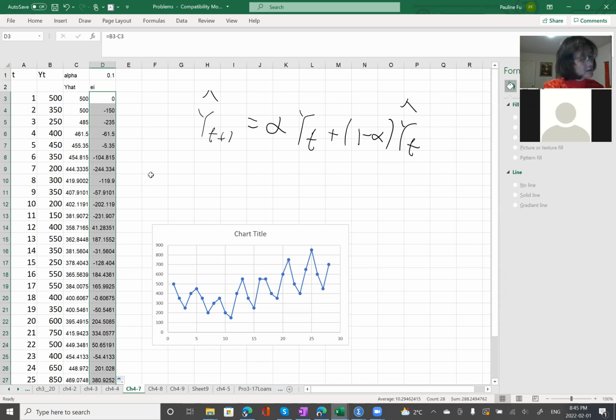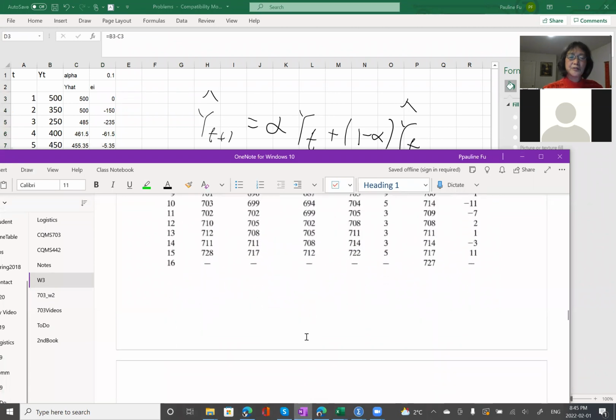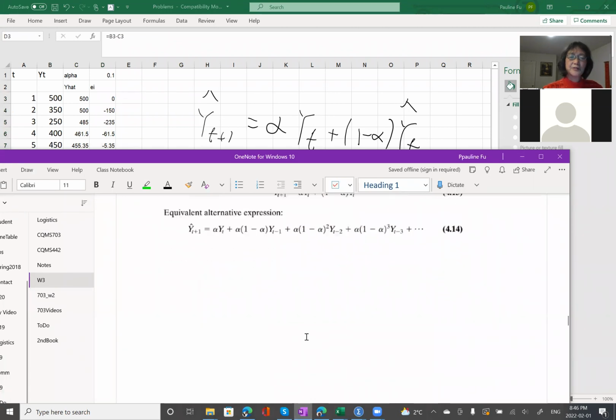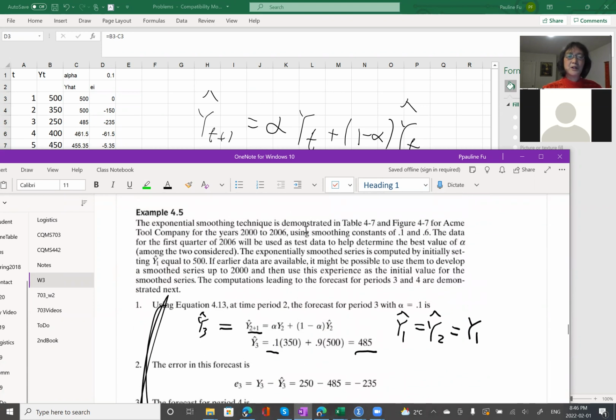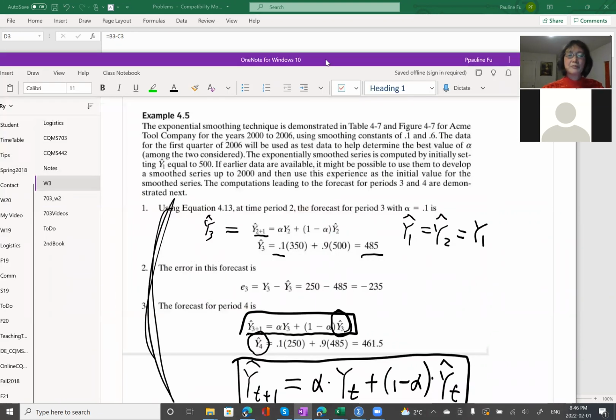All right. So any questions? So that is the exponential smoothing. Okay, I did example 4.5. Now let's do some problems from chapter 4.